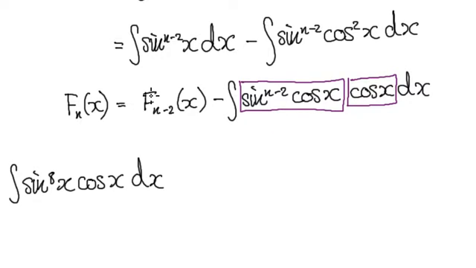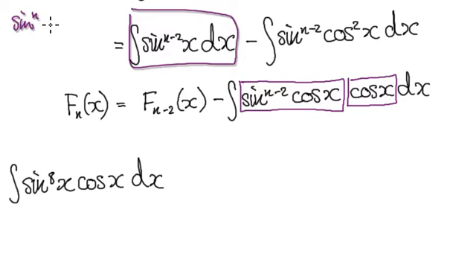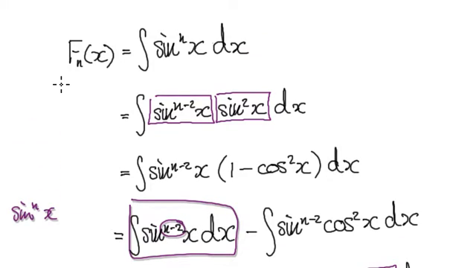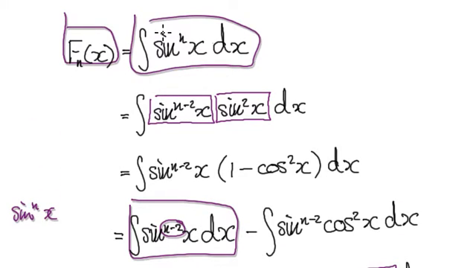So now let me think. Oh yeah, so now this thing here, remember we're trying to integrate sine to the power of n of x. So this is 2 less. Remember this thing here, f sub n, is this thing here.